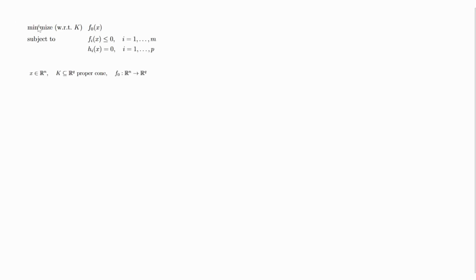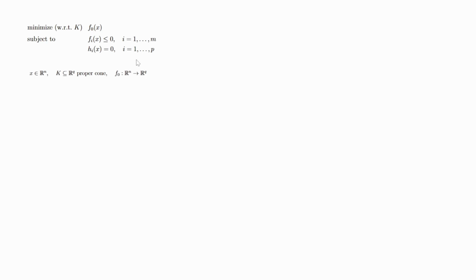So what even is a vector optimization problem? Well, as you can probably imagine, it involves generalized inequalities. The general form looks like the following. It looks like a regular optimization problem with this objective here and these constraints. However, now we have this with respect to K, where K is a proper cone, and this function f_0 is evaluated in R^q.